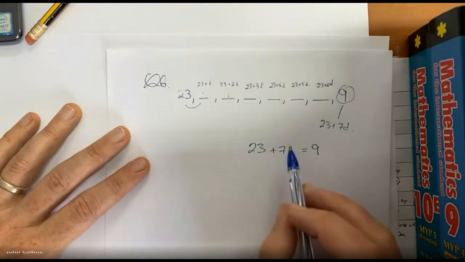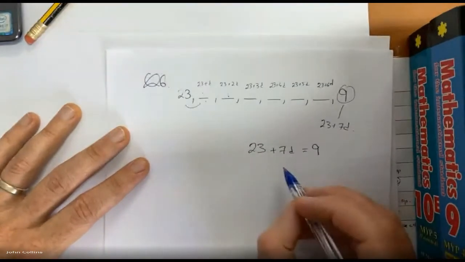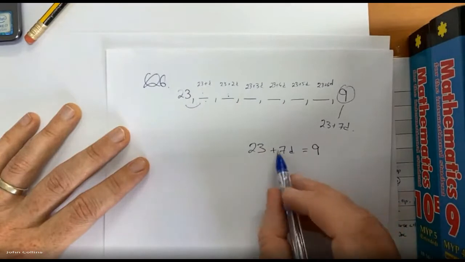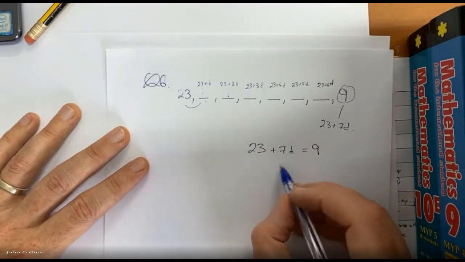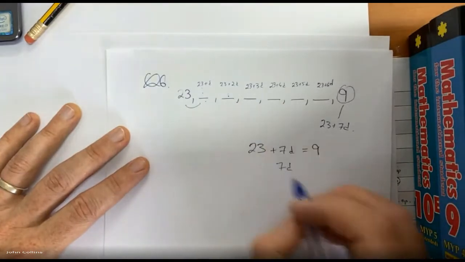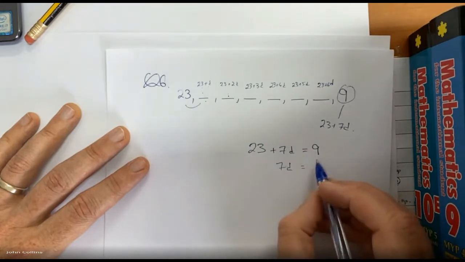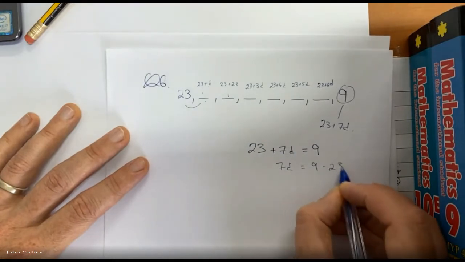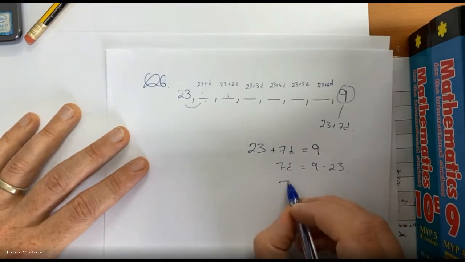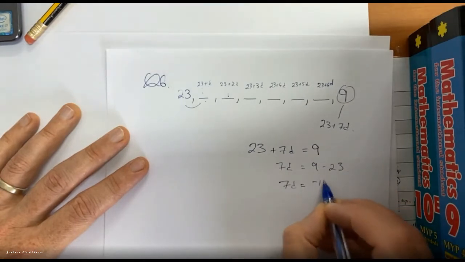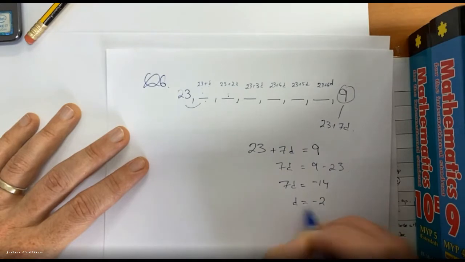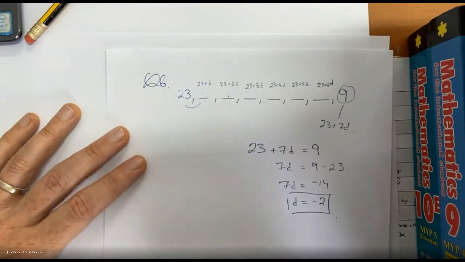And if we find that difference, then we can fill in these numbers, because you're just adding it each time. I think the difference is going to be a negative number because it's going down. Anyway, 7 differences is equal to 9 take away 23. That's going to give negative 14, I think. That means the difference is negative 2.